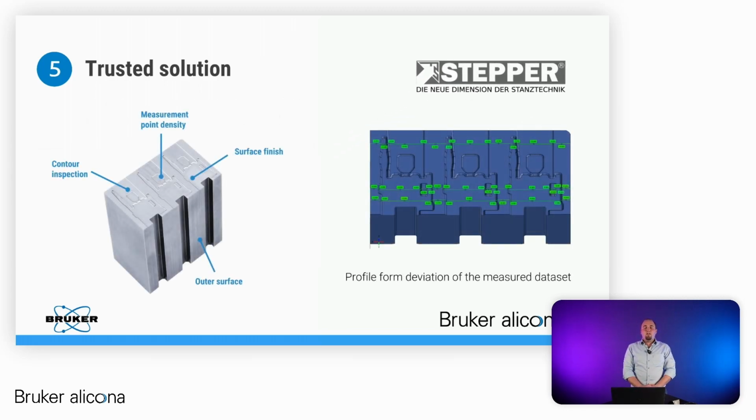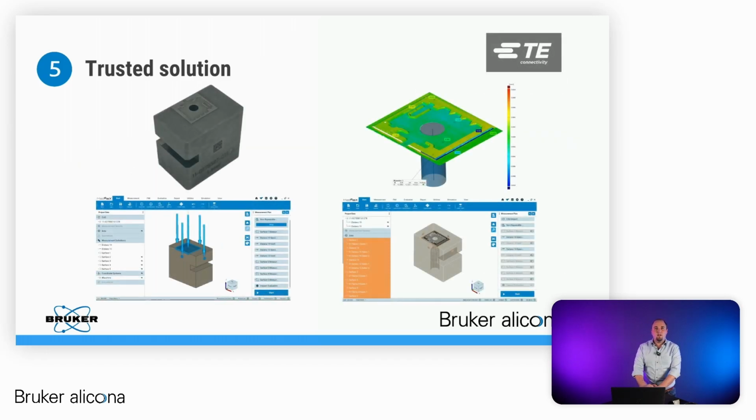Over here, it's very important to have a high point density. You have a contour inspection, you have to have the outer surface for the datum, and then you can get a nice report, in this case, over these 3 lines from this precision die. Another example is shown over here, so it looks completely different.